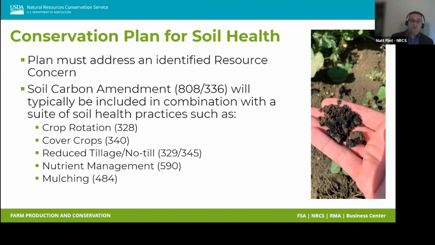If there is a circumstance where the soil carbon amendment practice is used, it's typically going to be included in a plan that combines that practice with a suite of other soil health practices like conservation crop rotation, cover crops, no-till, nutrient management, or mulching.